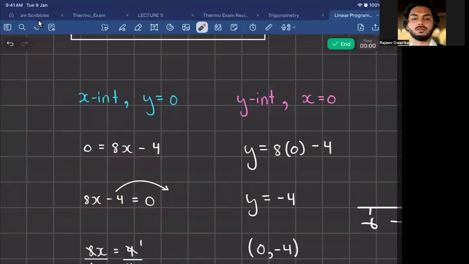I kept going back and back and back, and none of the right working actually saved, because when I was doing the graph, it just kept erasing. That is why I don't like this new update.